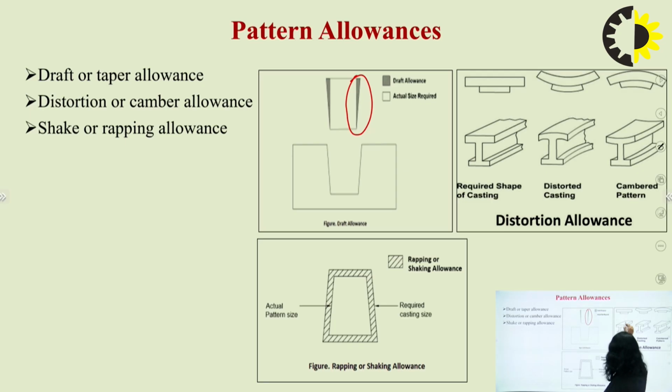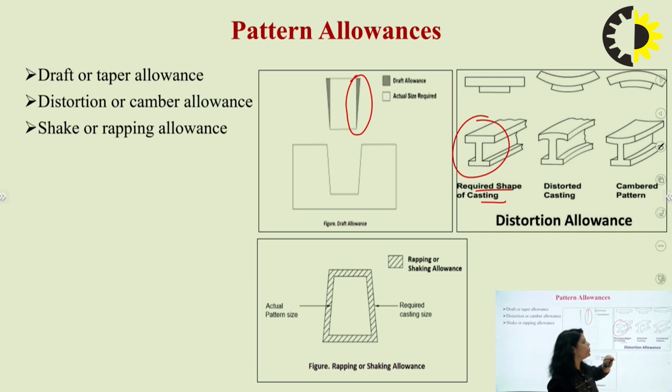For example, if this is the exact required casting shape and we are not providing any allowance, these sections are thin, this is an irregular shape, so it will slightly bend. There are chances of bending of these shapes, so we will get this type of distorted casting.